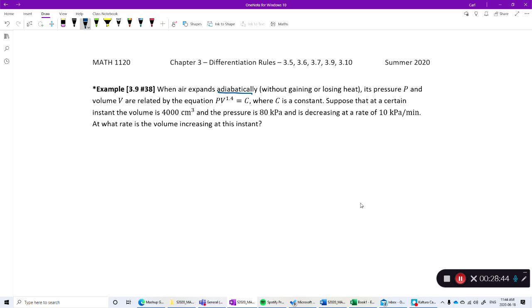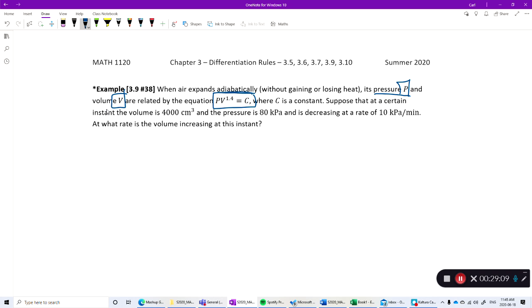But the main thing for this question is that its pressure P and its volume V are related. This is called an adiabatic curve, adiabatic expansion curve. So we have the relation here. The pressure times the volume to the power of 1.4 is a constant.